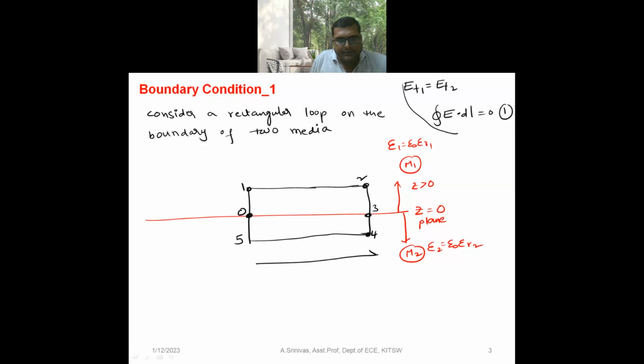The length along the x-axis is delta x, and the length along the y-axis is delta y.